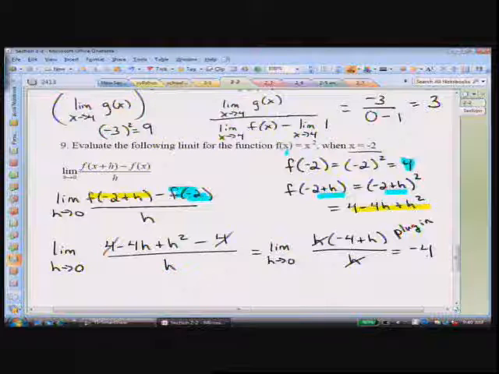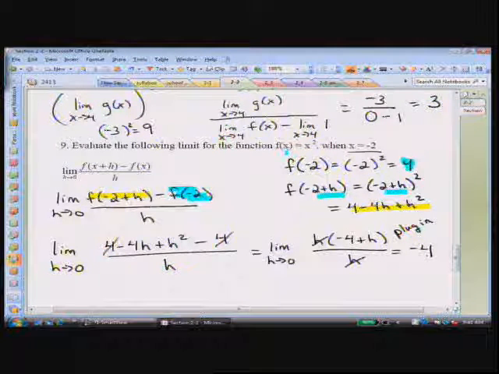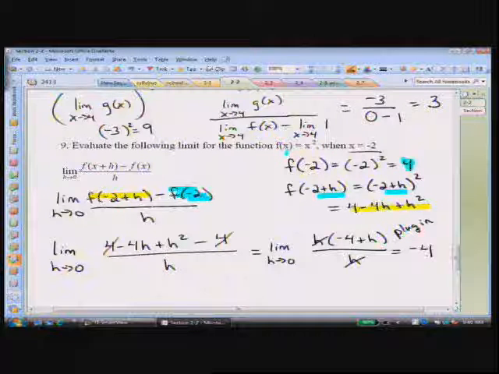Okay? So eventually, you will learn this. The difference quotient actually comes from the slope, the formula for the slope. You remember you have x2 and x1 and y2 and y1, but you could do f of x2 minus f of x1 over x2 minus x1.